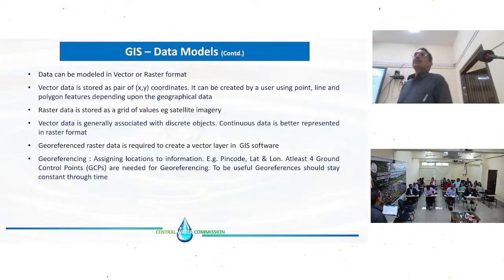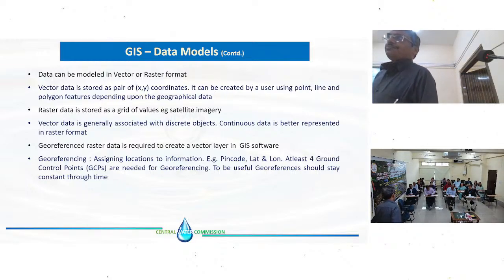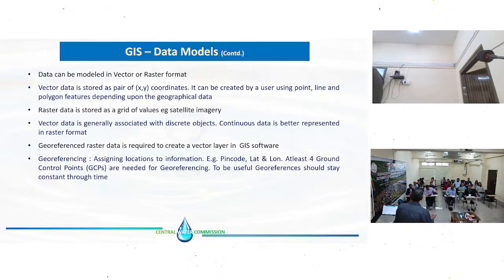Then there is something called georeferencing. See, on any paper you can mark points. You can draw an Assam map, you can even draw districts, and you can mark the cities.